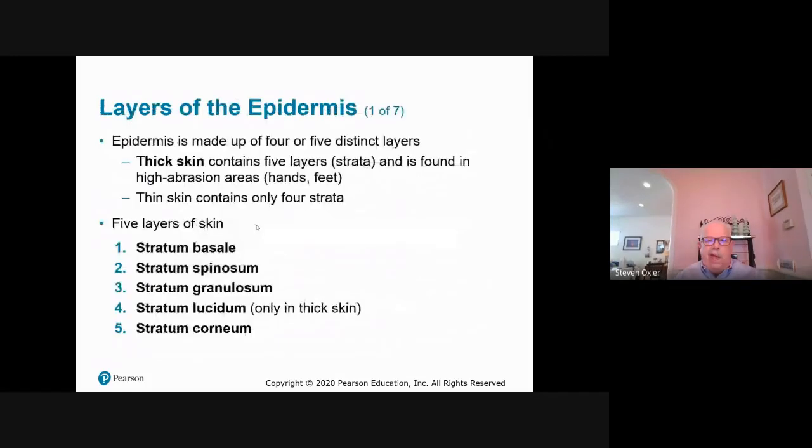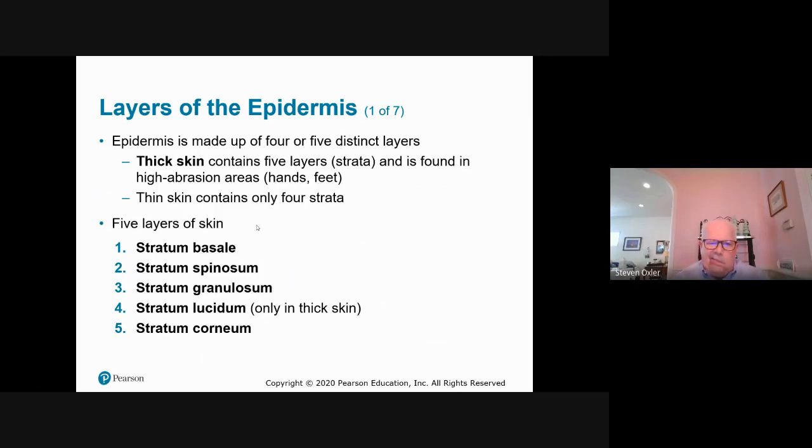Okay. The epidermis is stratified squamous epithelium. That means it has more than 2 layers. Basically, the epidermis is made up of either 4 or 5 distinct areas. The majority of skin is known as thin skin, and it contains only 4 layers. On your hands and feet, which are the high abrasion areas, there is a 5th layer, known as thick skin.